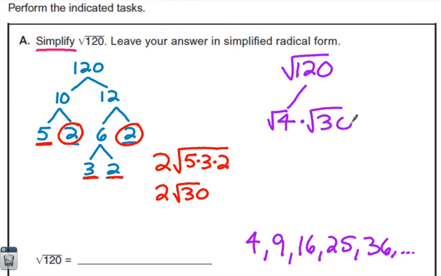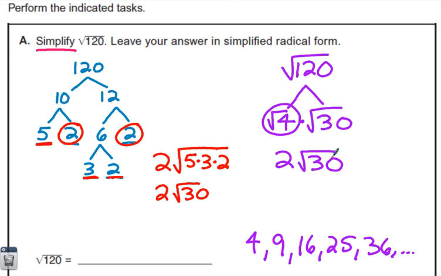And there we go. Since I broke it up into a couple of square roots where I could actually do one of them, I'm going to do it. What is the square root of 4? That's just 2. And I can't do the square root of 30, so that remains the square root of 30.